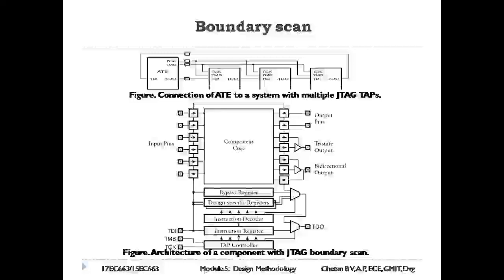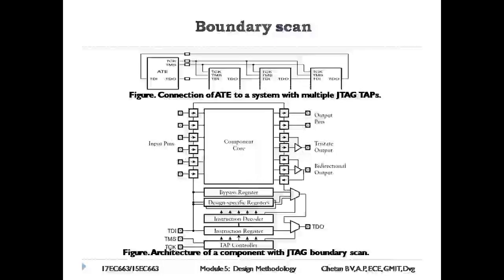The figure shows a typical connection of automatic test equipment (ATE) to the TAPs of components on a PCB. The next figure shows the test logic within each component. The TAP controller governs operation of the test logic.